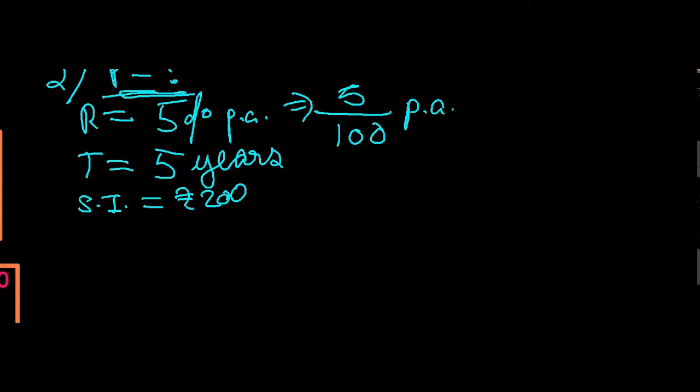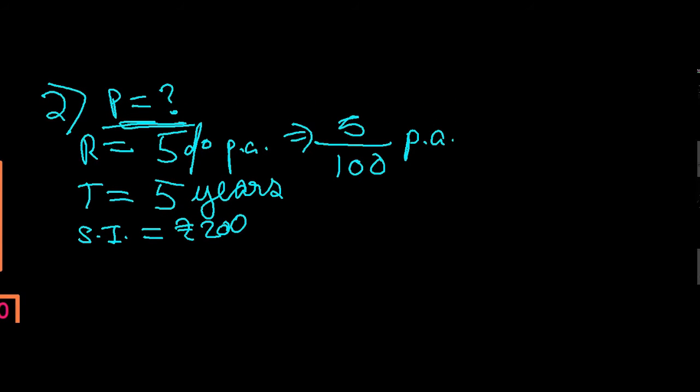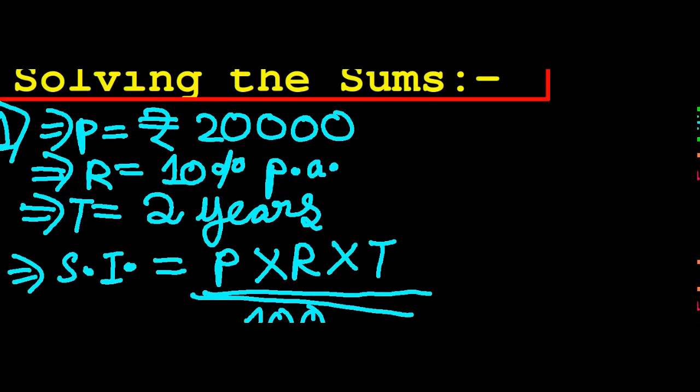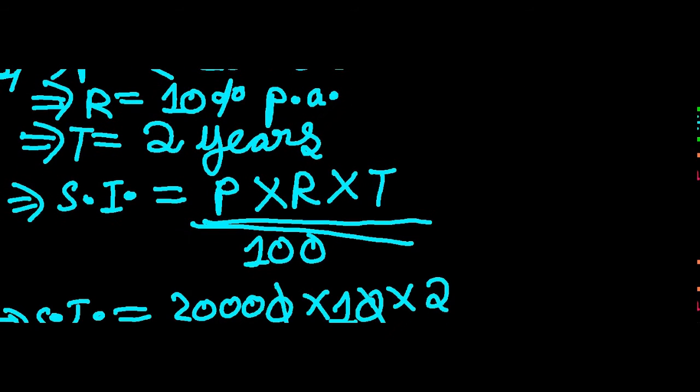So let's calculate the sum. Friends, in this case, the last formula which we used for the sum was SI is equal to P into R into T by 100.